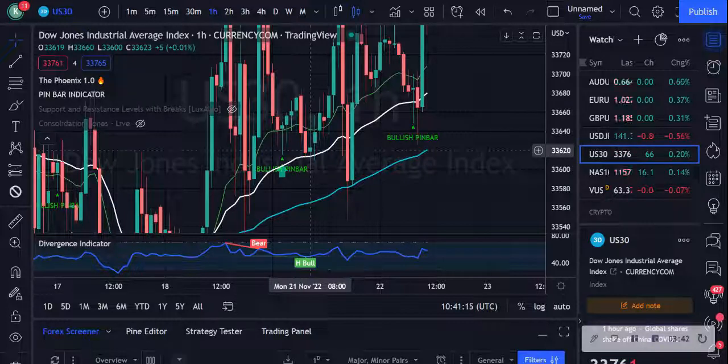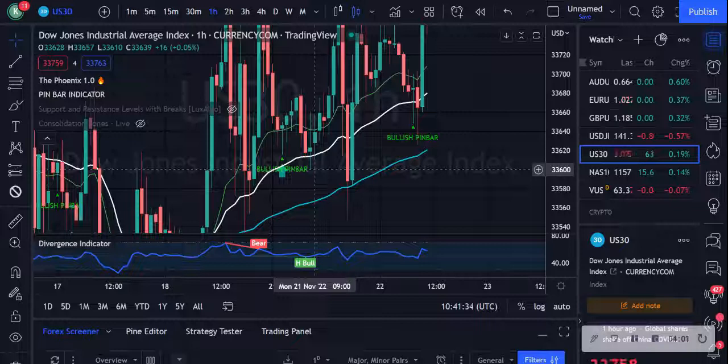It's a whole number. Look at the high: H33660. More often than not, price likes to go to round numbers because that's how retail traders trade. So you see it came here to 600. Yeah, 600, if you can see. So this candle here.